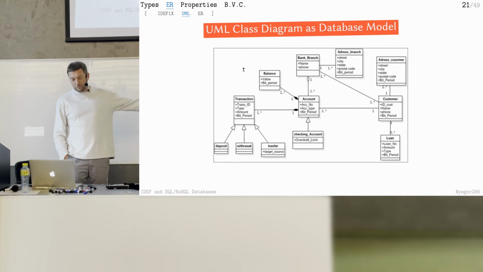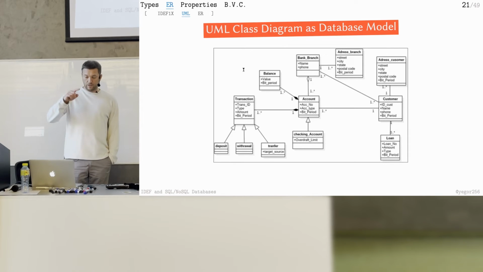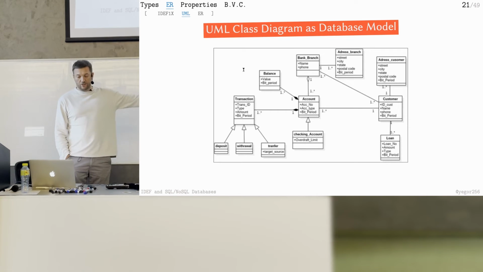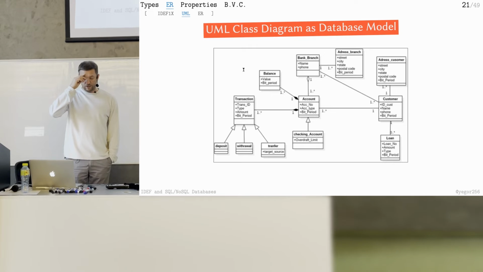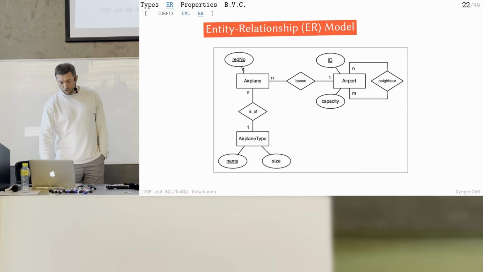For each attribute in the table, we have these plus symbols, and we have these lines which are foreign keys. The cardinality explains the constraint on the database. Perfectly fine. So I would recommend you to use UML or this one.